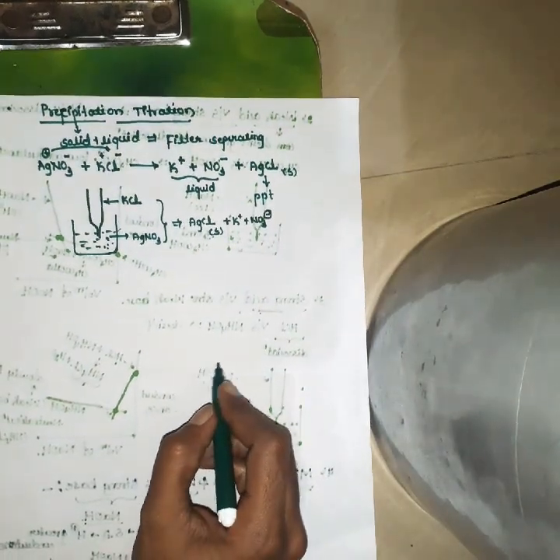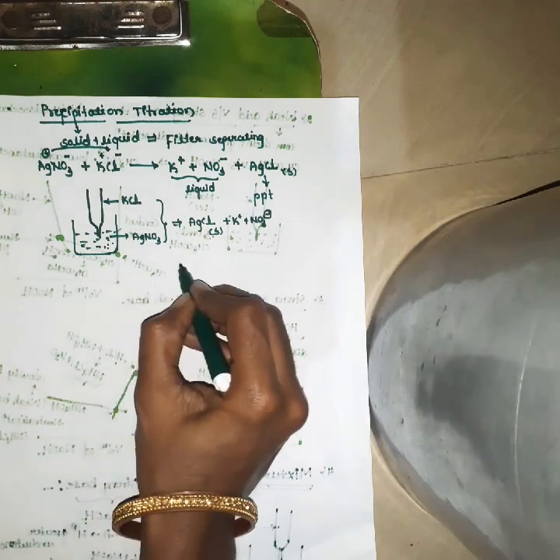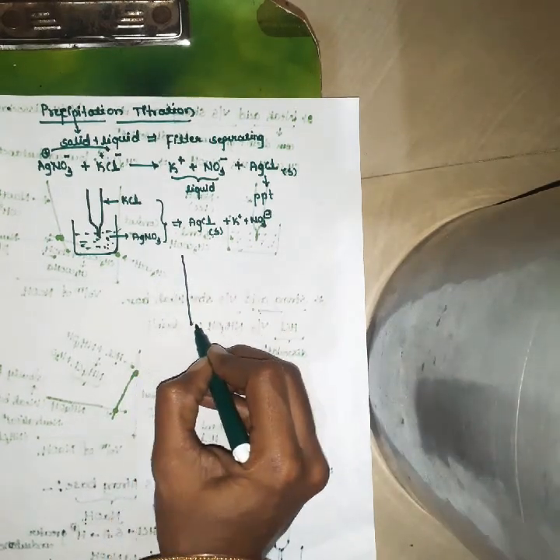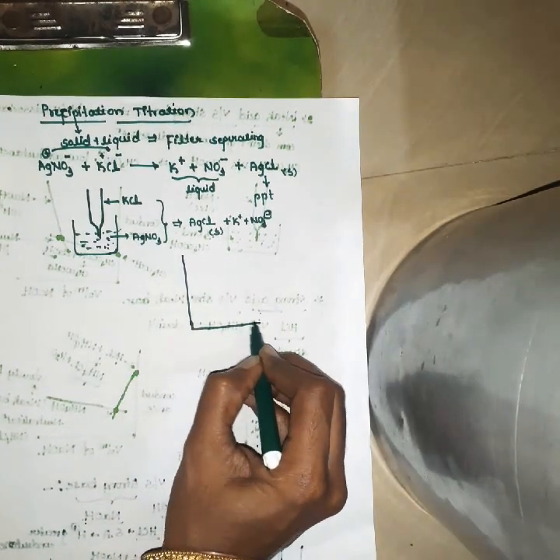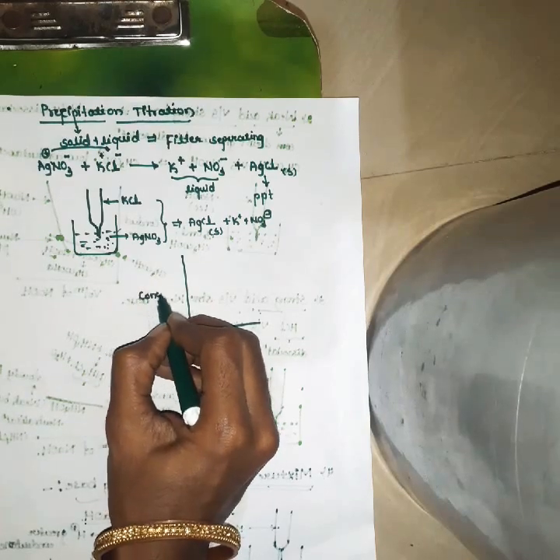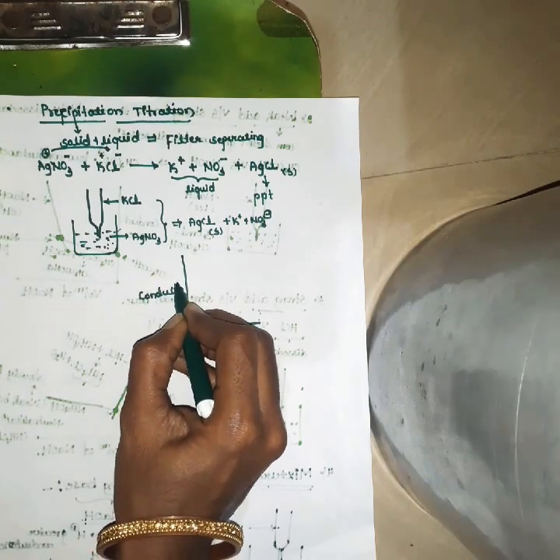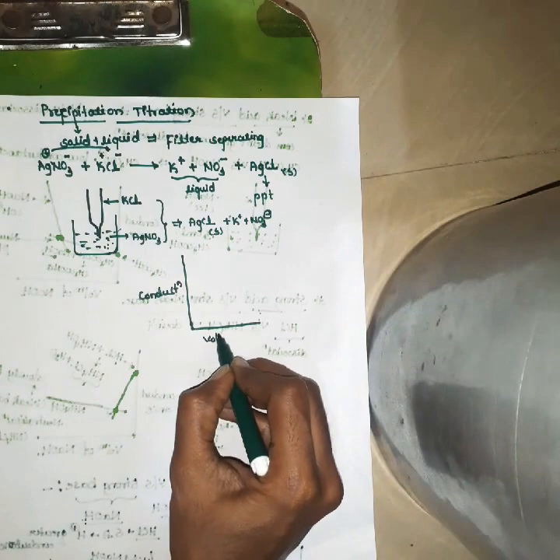What happens here? We plot a graph between conductance versus volume of KCl added.